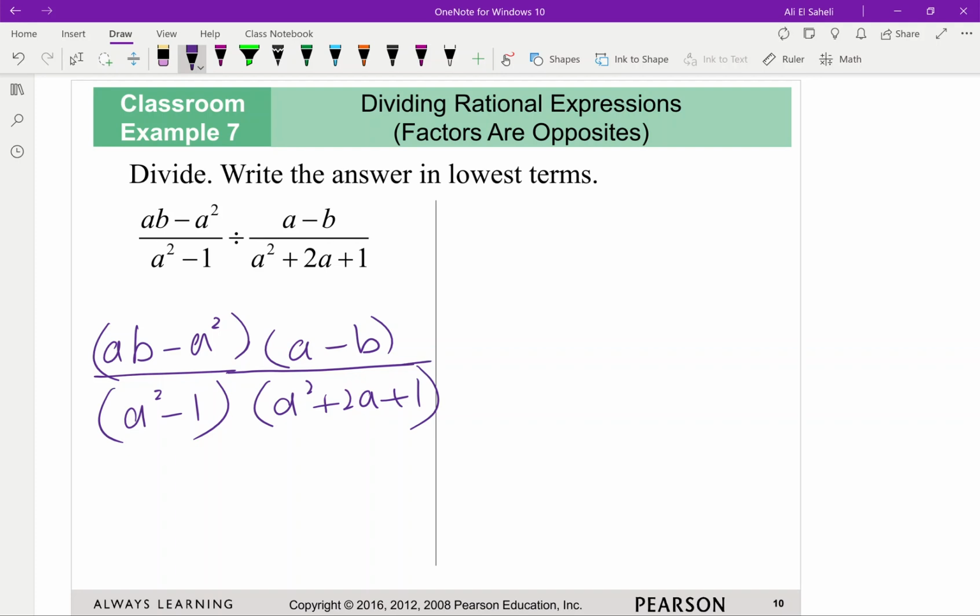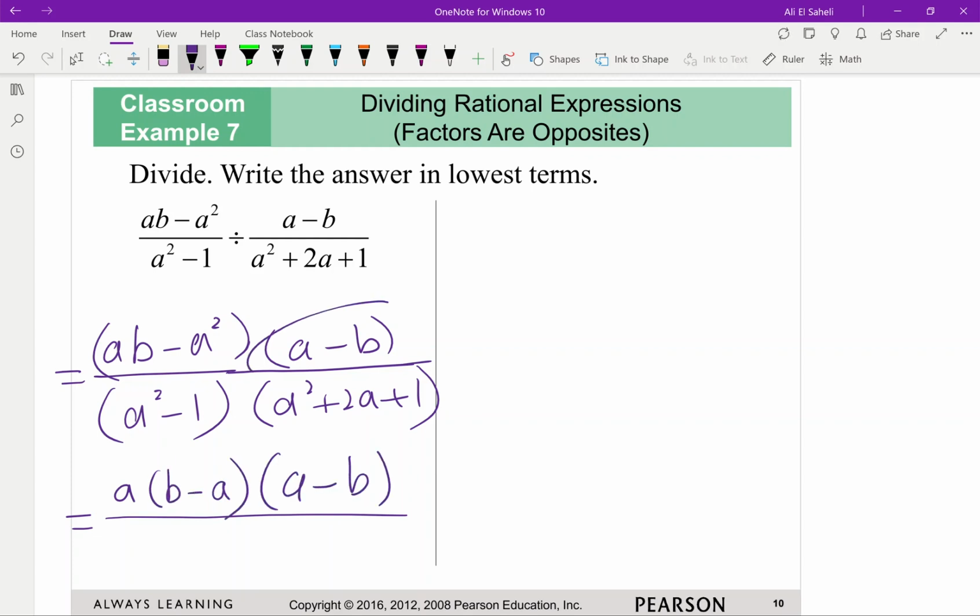Alright, factorizing. A common factor between this and this is a. So in the numerator we have a, b minus a, minus b is this. This, if you remember, we just did that trick. It's a squared minus 1, which is also 1 squared.